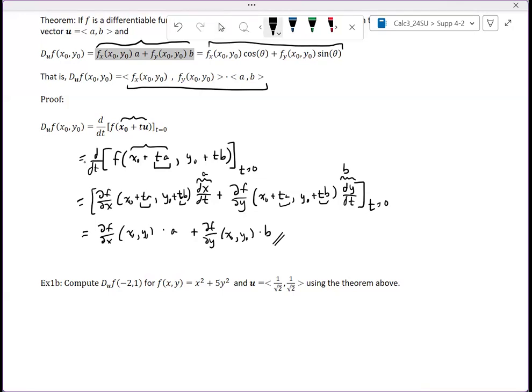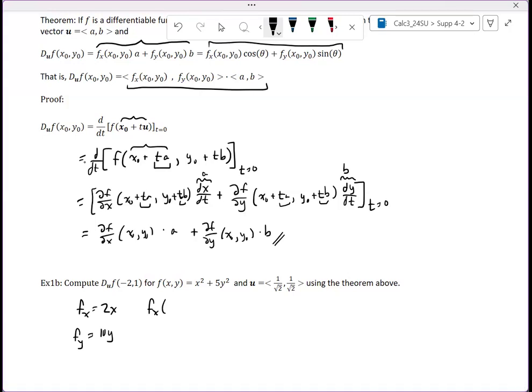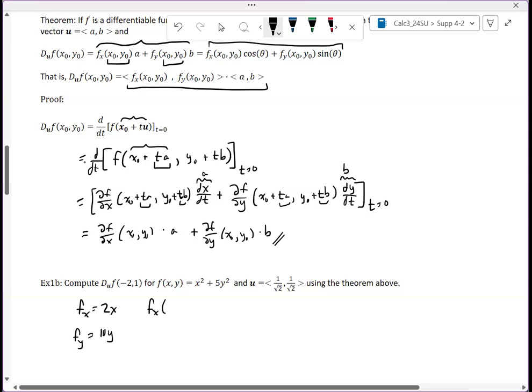So I need my partial derivatives. I need df dx for x squared plus 5y squared. Well, that's just 2x. And f_y is 10y. And importantly, I need the values of these partials at the point x naught, y naught.